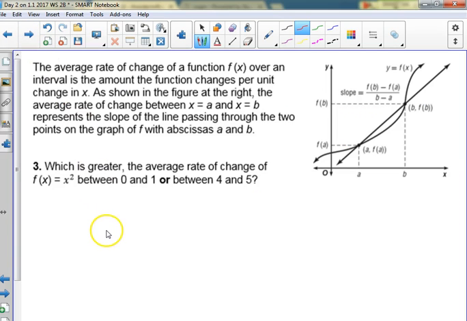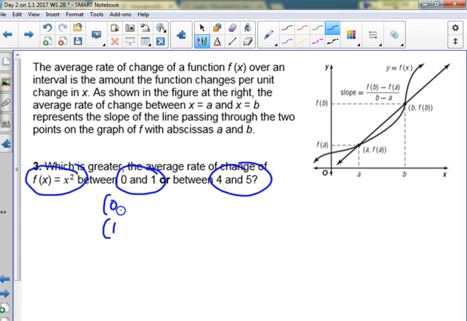All right, so this is a kind of fun question. It says, which is greater, the average rate of change of f of x, between 0 and 1 or between 4 and 5? So if I do 0 and 1, and this is my function, remember, or I do between 4 and 5.